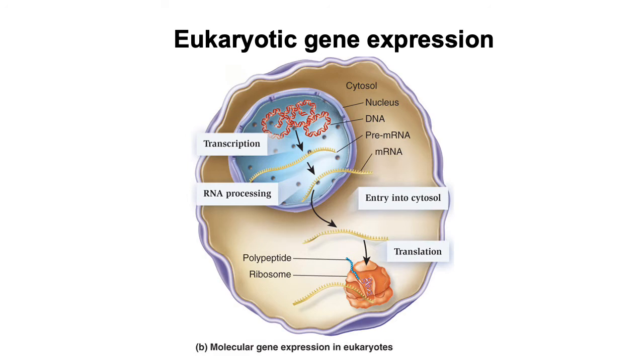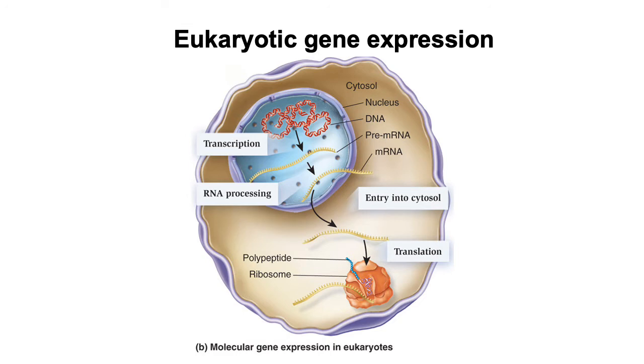So there's one other step that is specific to eukaryotic cells that I want to talk about next. So we have transcription, or the conversion of DNA into RNA, but you notice here on this slide there's an additional step that's called RNA processing that occurs in the nucleus before the mature messenger RNA leaves the nucleus to begin translation. So let's talk about what this RNA processing is. And again, this only occurs in eukaryotic cells.